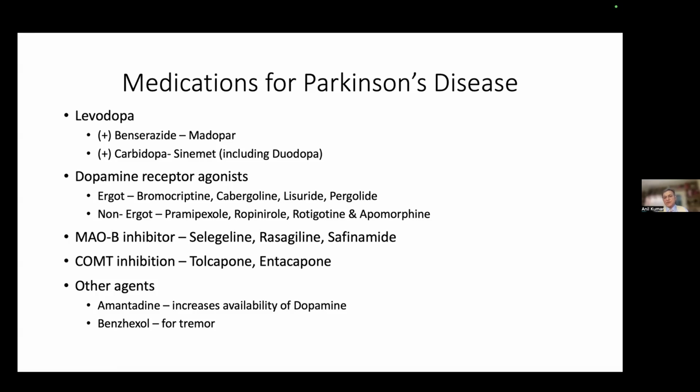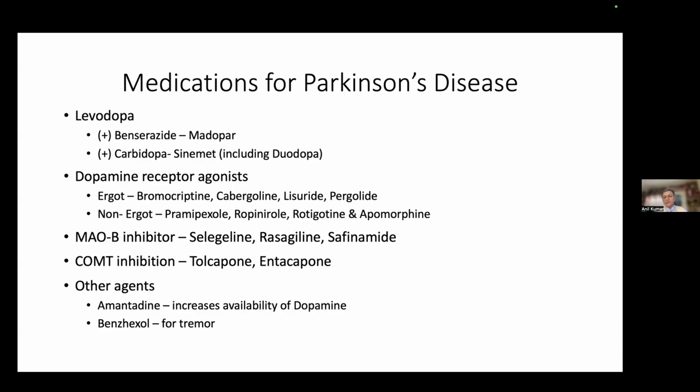You can see there are two combinations, Madopar and Sinemet, that you can give, so that it stops the peripheral change of levodopa to dopamine. That helps more levodopa enter the blood-brain barrier. Now the important thing is that benserazide and carbidopa don't cross the blood-brain barrier, so they work outside.